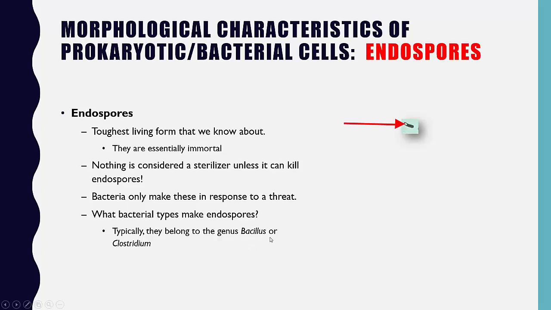Bacillus anthracis causes anthrax. We already talked about that one, right? Because its first name is Bacillus, it means it makes endospores, and it does. Are there any Clostridiums that we know of? They do make endospores, so they're medically important. Clostridium tetani causes tetanus. Clostridium botulinum causes botulism. Clostridium perfringens, you probably don't know that one very well, but it causes gas gangrene, one of a few.